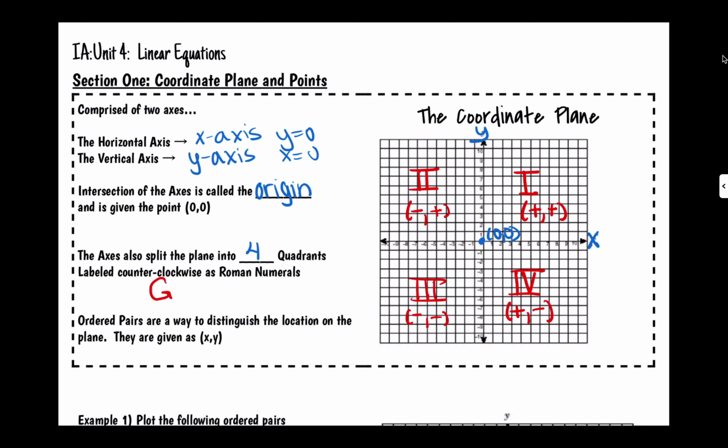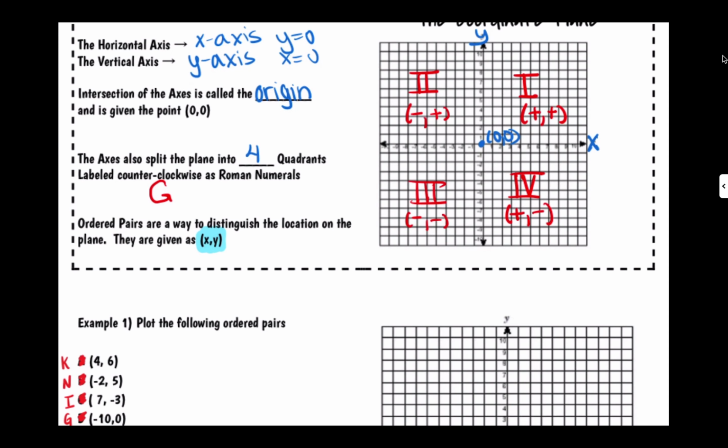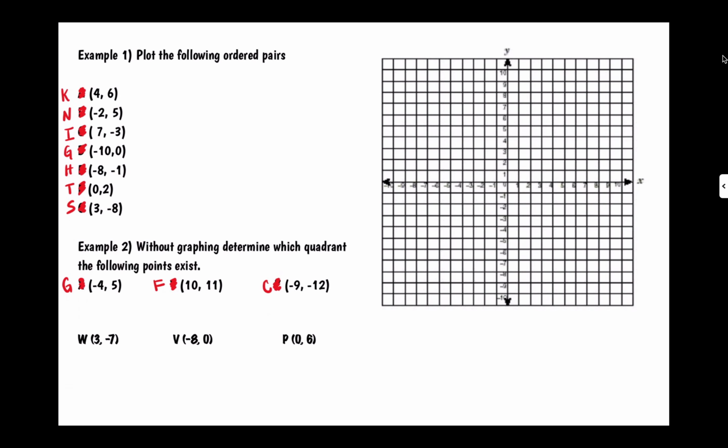Ordered pairs are a way to distinguish the location on a plane, and they are given as x, comma, y. So, plot the following ordered pairs. So again, remember we have them as x, comma, y.